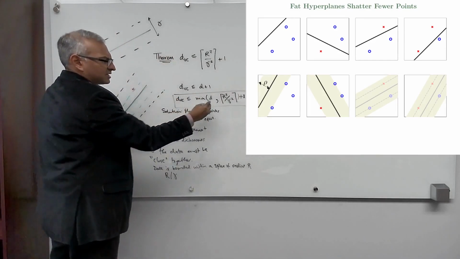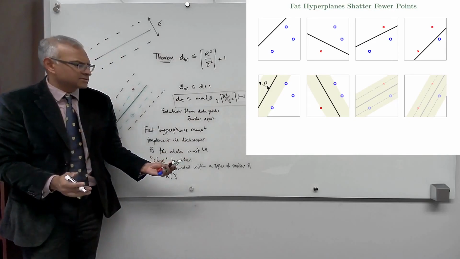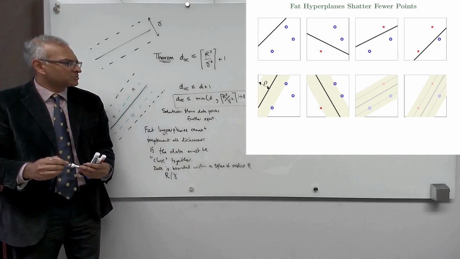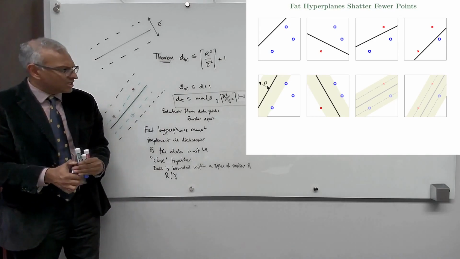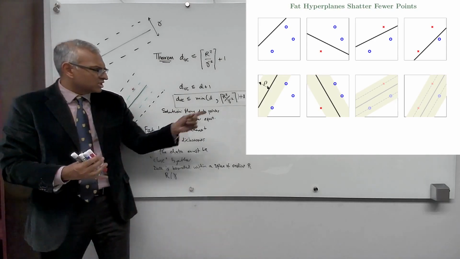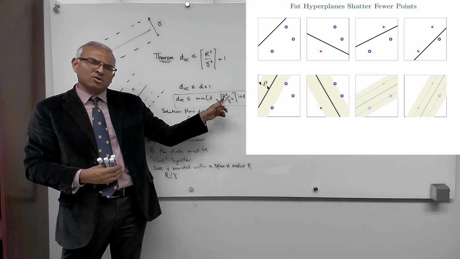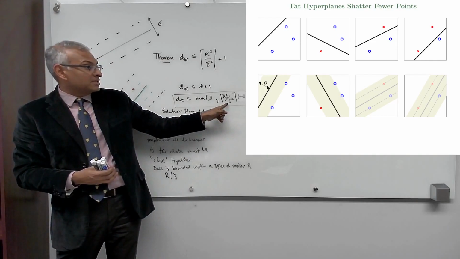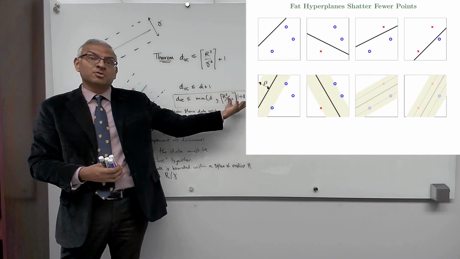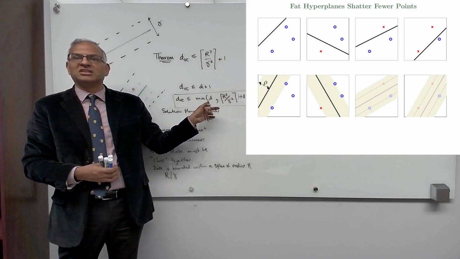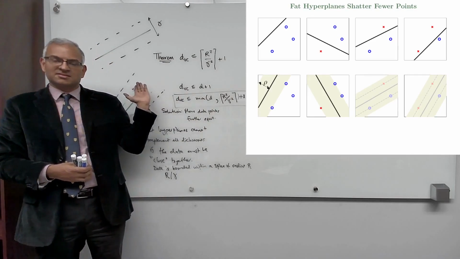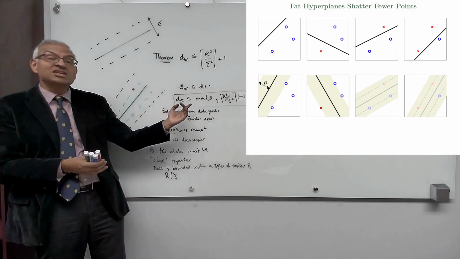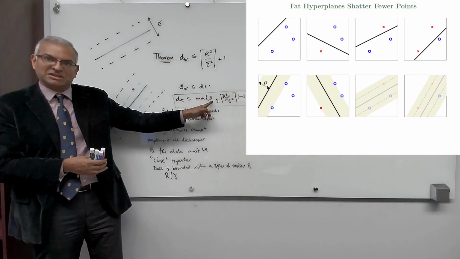And what this says is that if you have fat enough hyperplanes and your data is bounded, then your VC dimension can be very small. And observe that when your data is bounded by a smaller and smaller radius, then the fatter and fatter hyperplanes can have a VC dimension that's approaching a constant independent of the dimension. Okay. So this suggests that it's possible with fat hyperplanes to get generalization even in large dimensions.